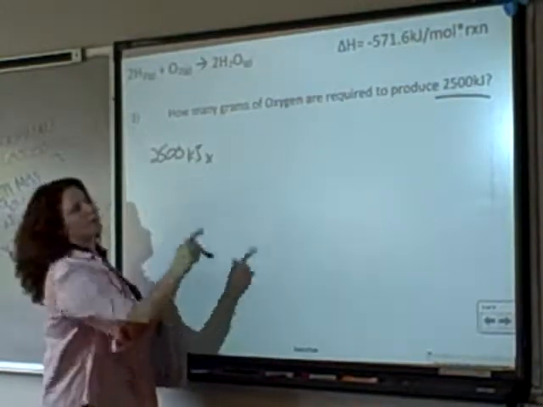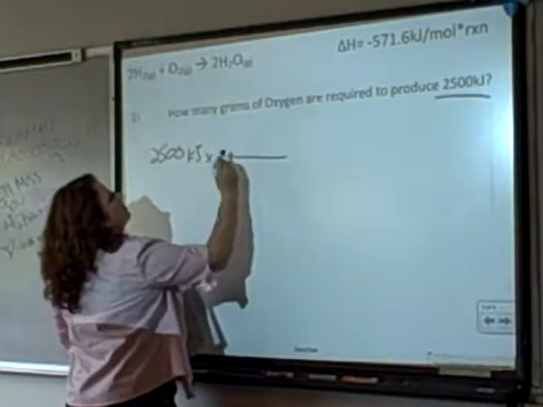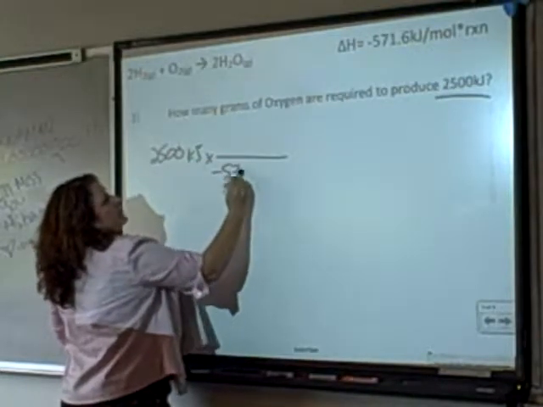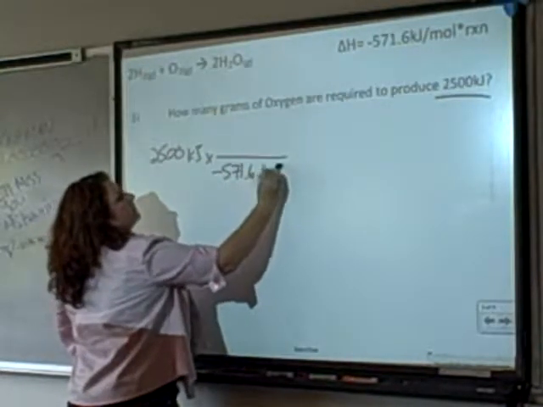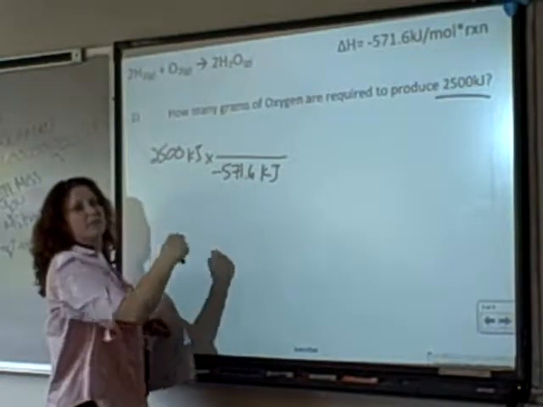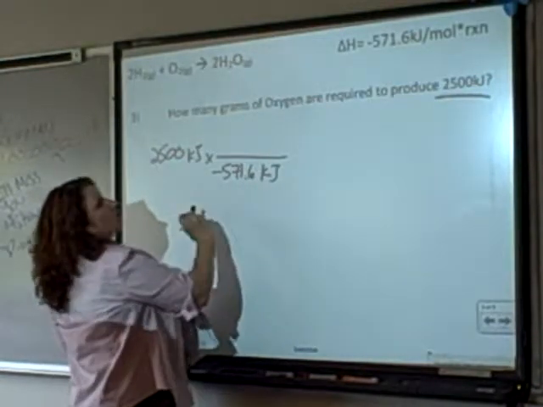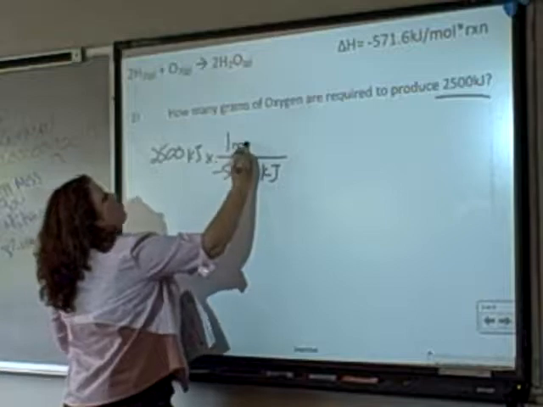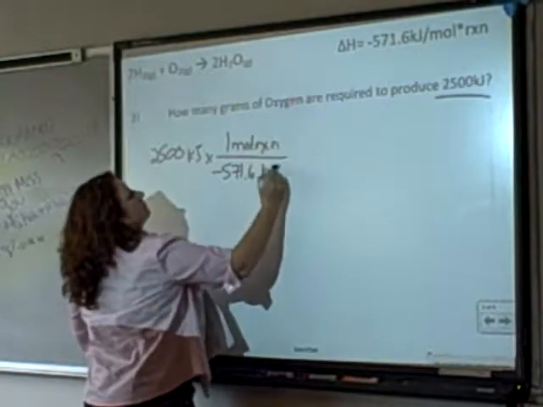So let's start with the ratio we know, which is that one up there. This time we're going to put the kilojoules on the bottom because we want to actually find the quantity of oxygen, which is going to go on top ultimately. And that's per 1 mole reaction.